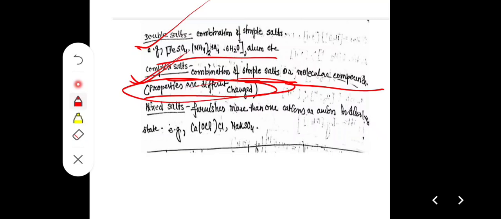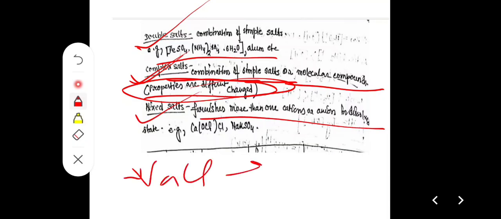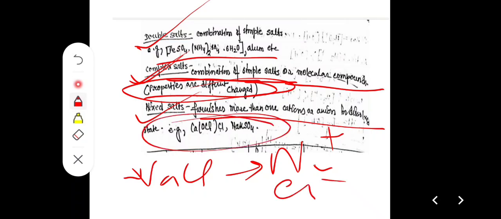Last one is mixed salt. It furnishes more than 1 cation or anion. Normally NaCl furnishes 1 cation and 1 anion, but a mixed salt produces more than 1 cation or more than 1 anion.